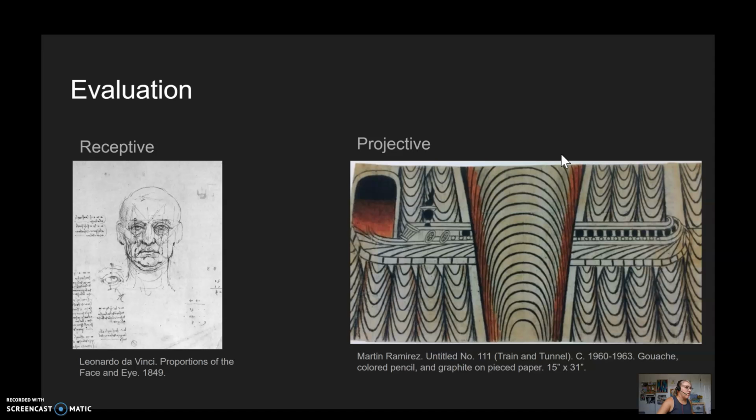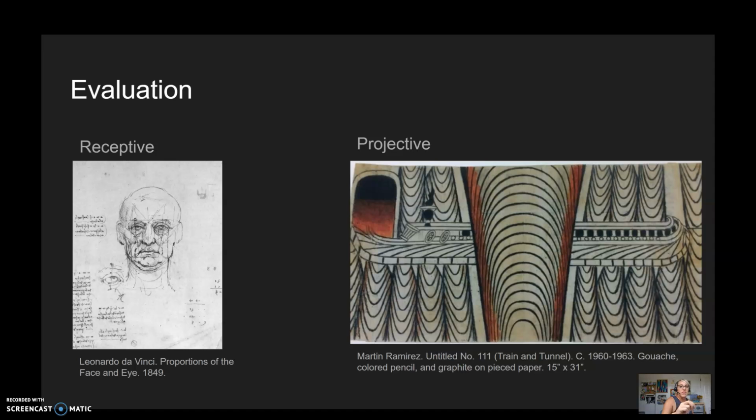Okay, so when we talk about the drawing process, there are two different kinds of drawing. You could have receptive drawing or projective drawing. And receptive is to capture the physical appearance of something in front of us.